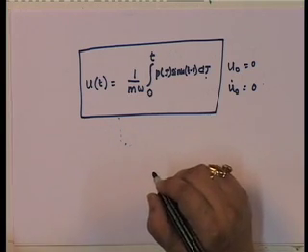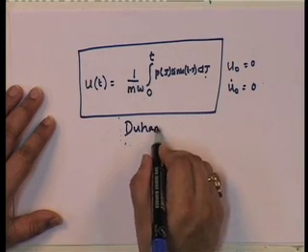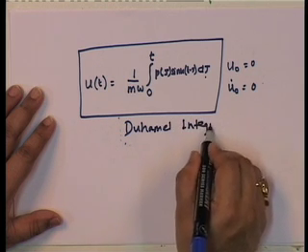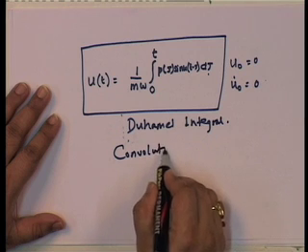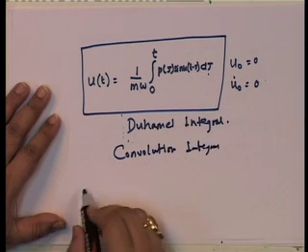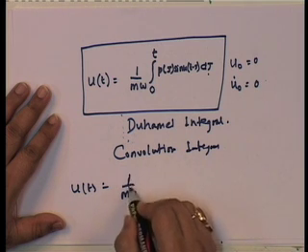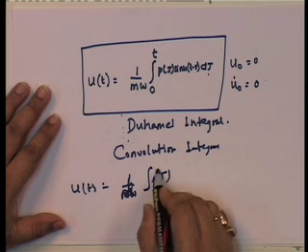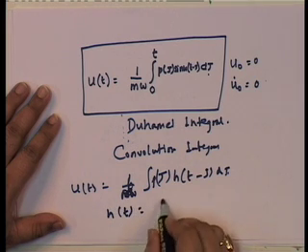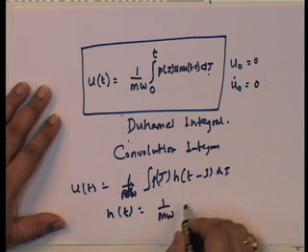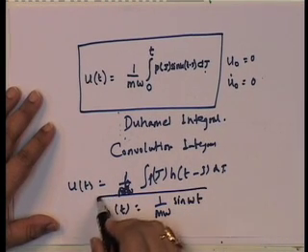This is called the Duhamel integral, and this is nothing but a convolution integral, where u of t is equal to, sorry, the convolution integral is p tau h t minus tau d tau, where h t is equal to 1 upon m omega into sine omega t.